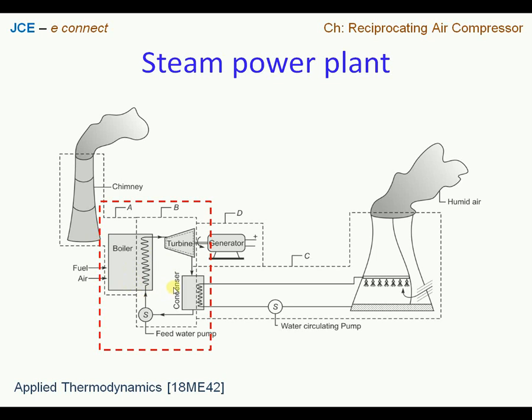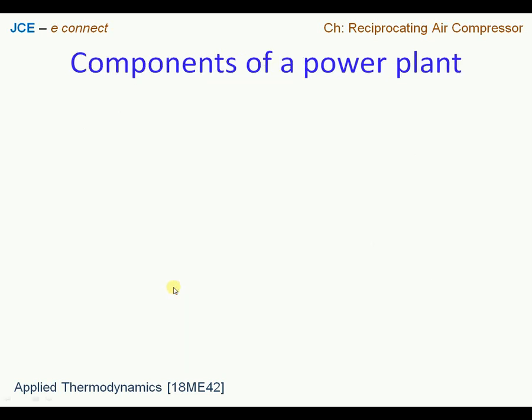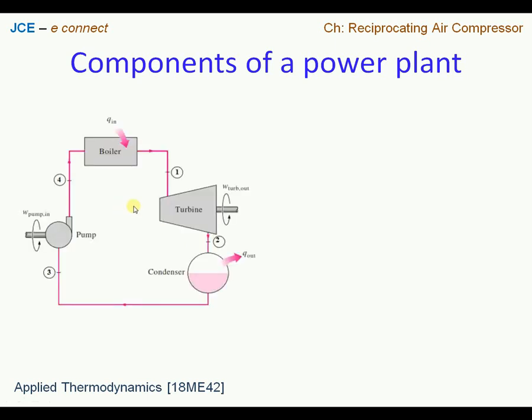Now let us look at the components of a power plant, focusing on the four components which I have shown just now. Here we have the turbine, and the purpose of the turbine is to produce shaft work, and the shaft is further connected to a generator, and the generator is further connected to a grid system.